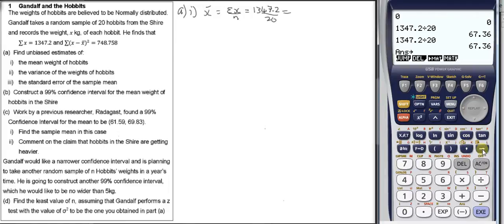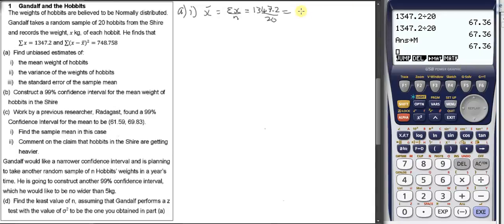I'm just going to put that into a memory because I'm pretty sure I'm going to use that. I'm going to call it m for mean. So whenever I need that, I can just use m. So that's 67.36. And I'm going to call that 67.4, seeing as it's 3 sig figs.